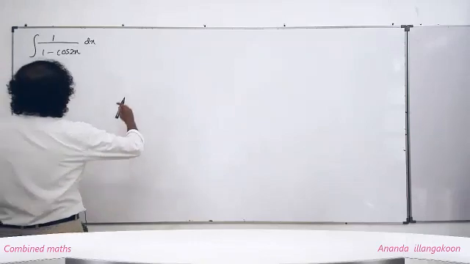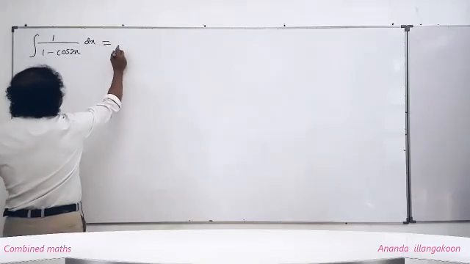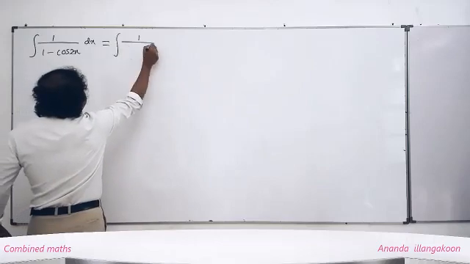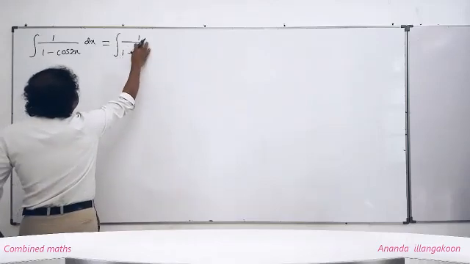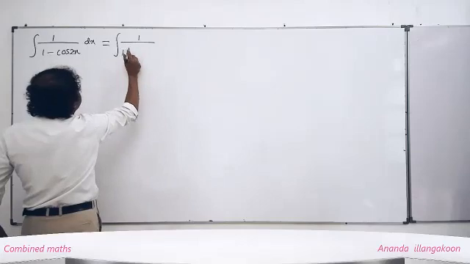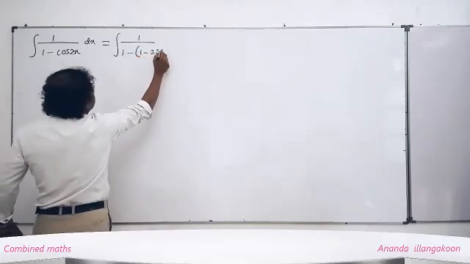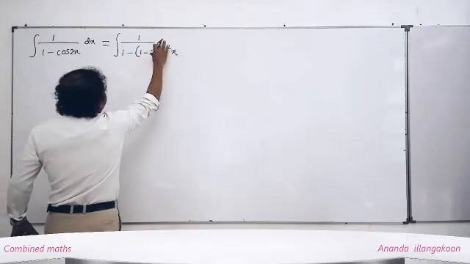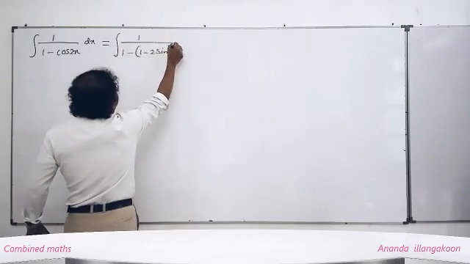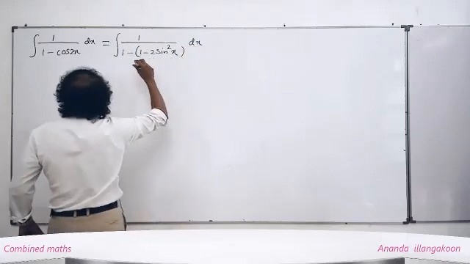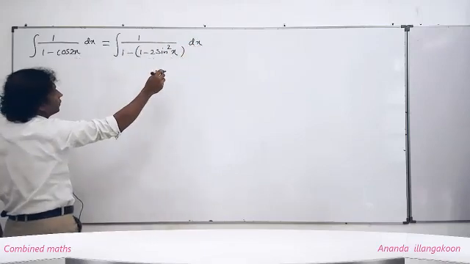The conjugate method is okay, but see this method: cos 2x we write as 1 minus 2 sin squared x.